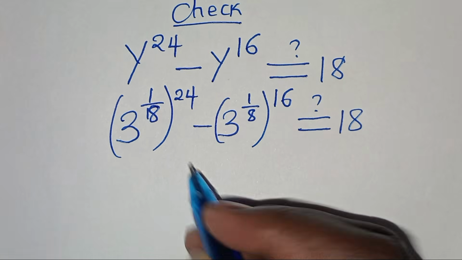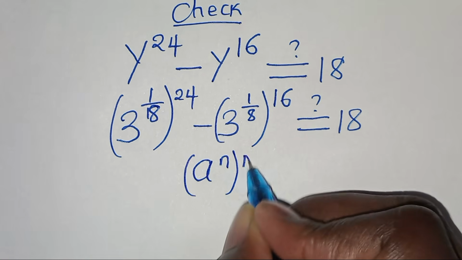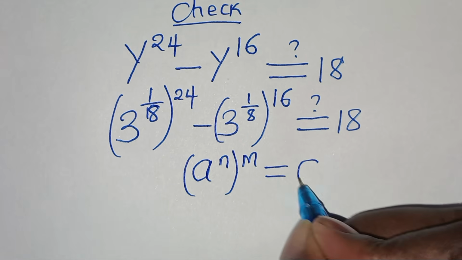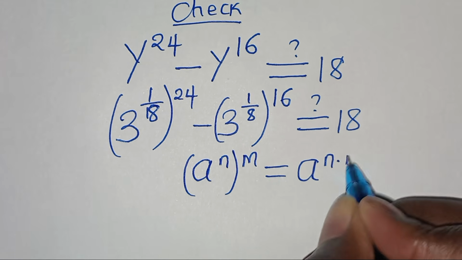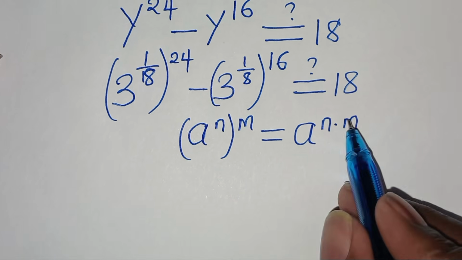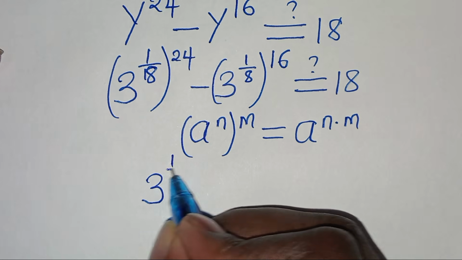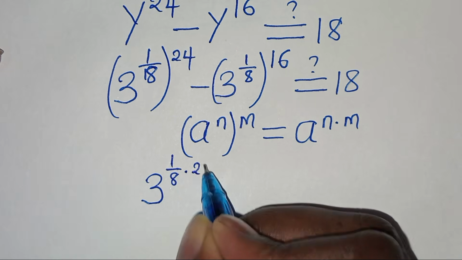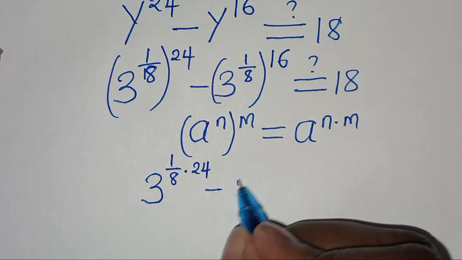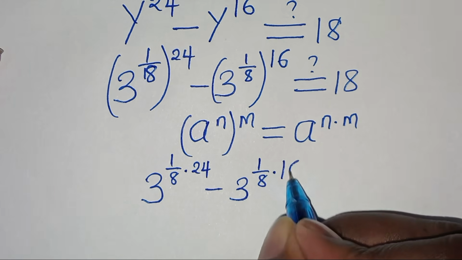Now, this is in the form of a to the power of n raised to the power of m, which we can express as a to the power of n times m. Applying this exponent property, we have 3 raised to the power of 1 over 8 times 24 minus 3 raised to the power of 1 over 8 times 16.